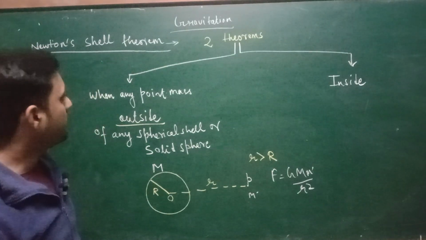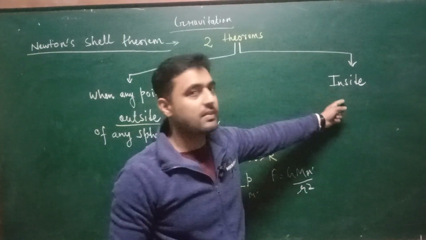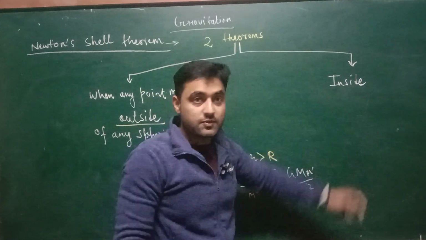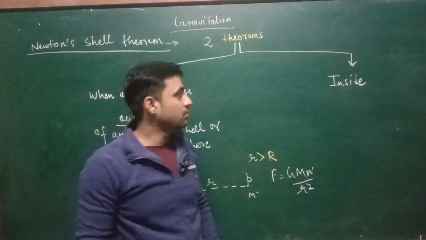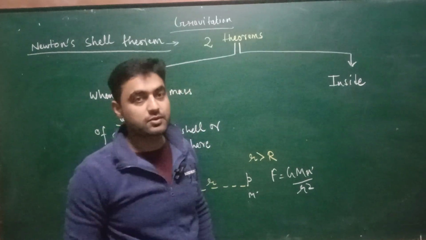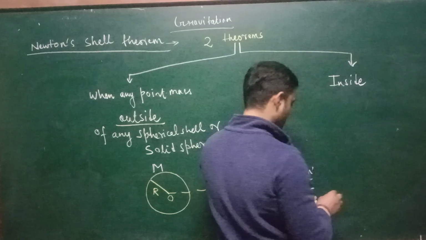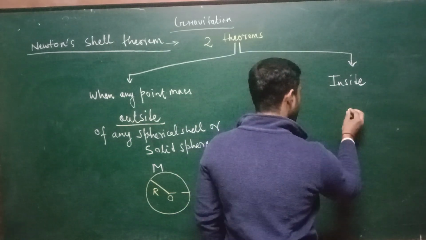So the second and most crucial thing is, when the point mass is exactly inside the spherical shell, how do we calculate the total gravitational force experienced by the point mass? So how will we demonstrate this?